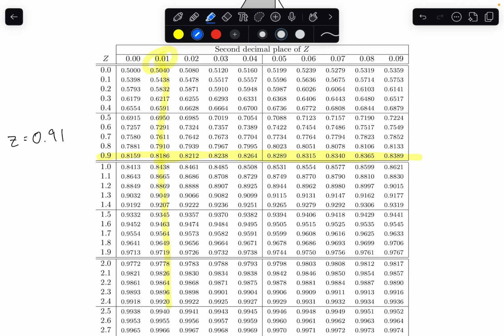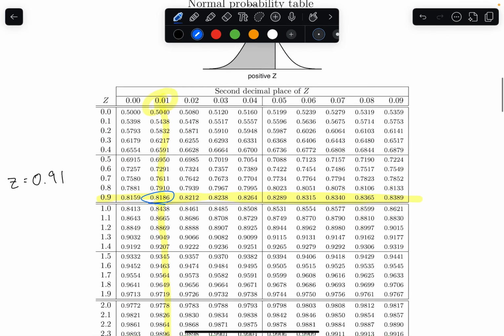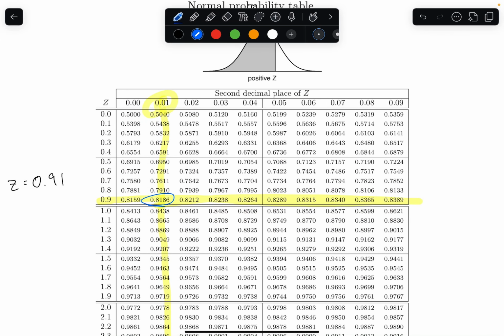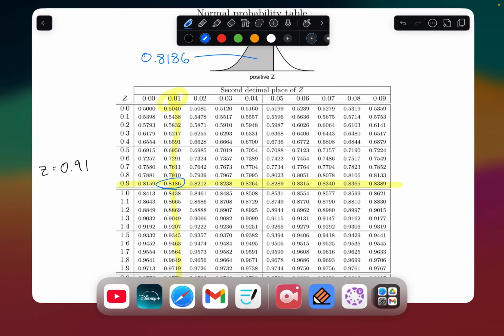So I must be talking about an area of 0.8186. However, we have to remember that 0.8186 is the area to the left. If I want the area to the right, which is what I drew in my quick little sketch, I need to subtract this from 1, because this is the complement of what I want. So I want 1 minus 0.8186.